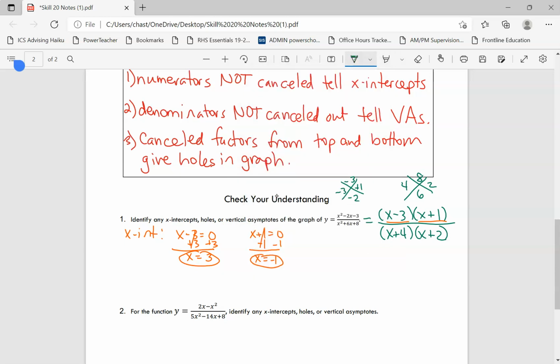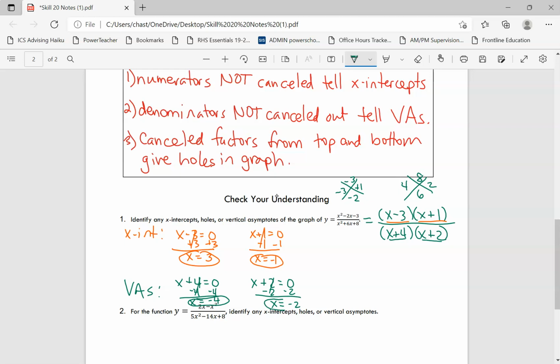All right, let's do the vertical asymptotes. Vertical asymptotes happen whenever the denominator factors that don't cancel out are equal to 0. In this case, neither denominator factor was gone. So we're going to solve these out, and we get x equals negative 4, and x equals negative 2.